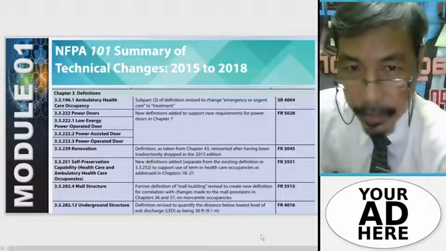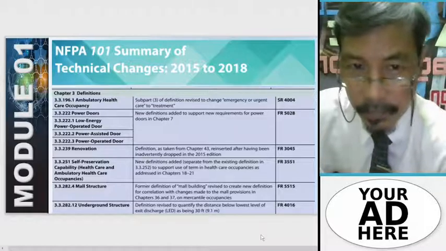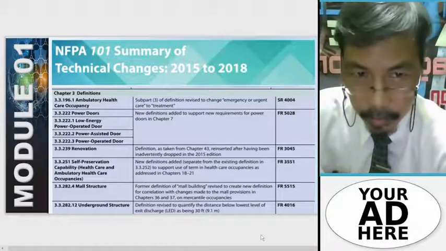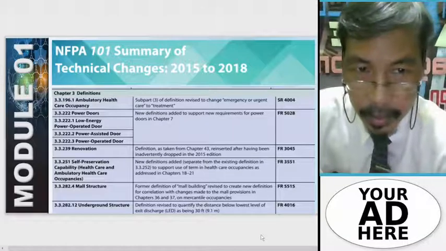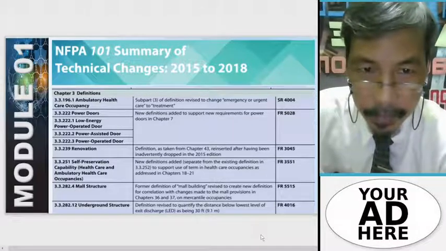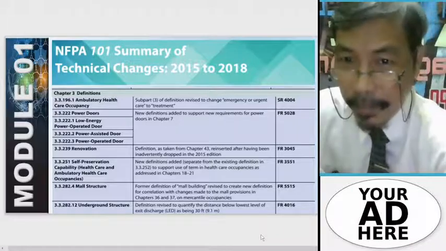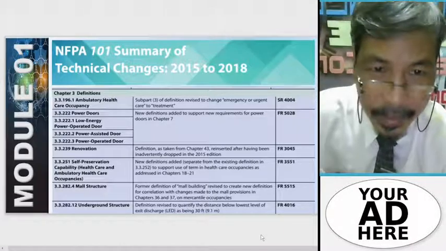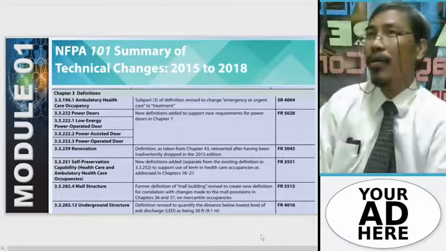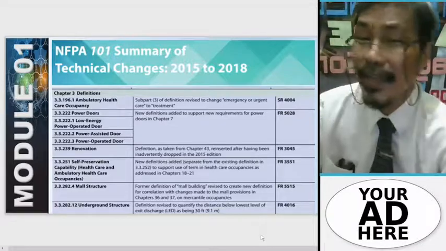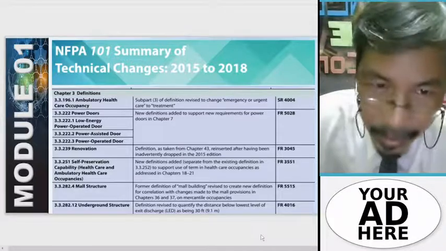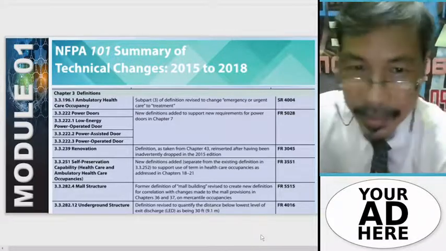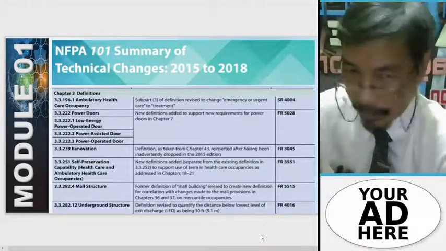Next is the definition of renovation. The definition is taken from chapter 43, reinserted after having been inadvertently dropped in the 2015 edition.